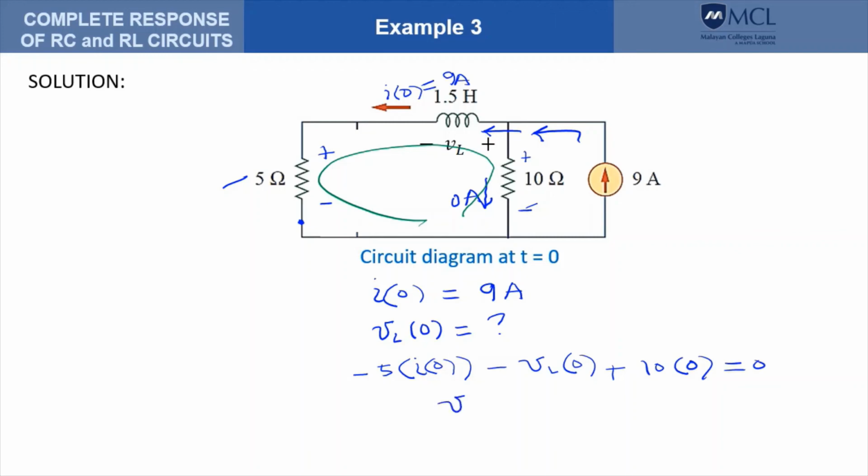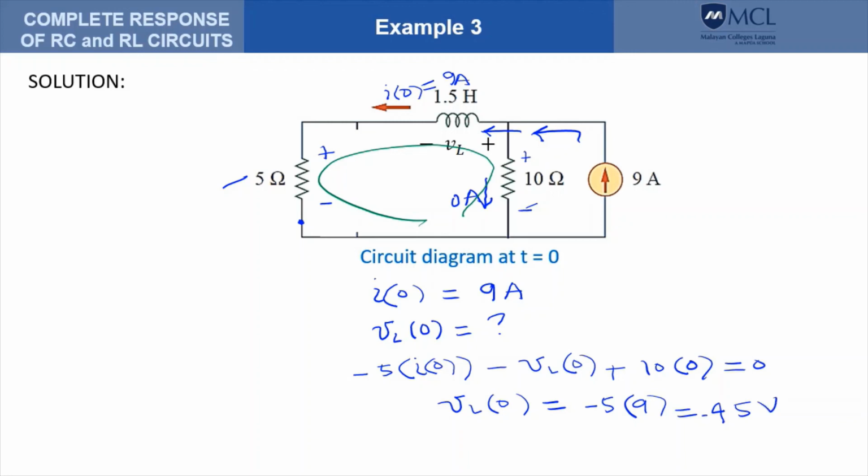So therefore, we get V sub L at t equals 0 as equal to negative 5 times 9. So that will give us 45 volts negative.